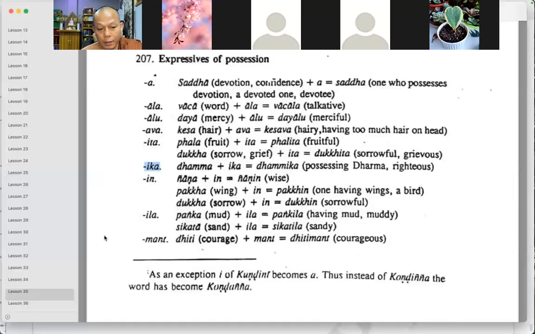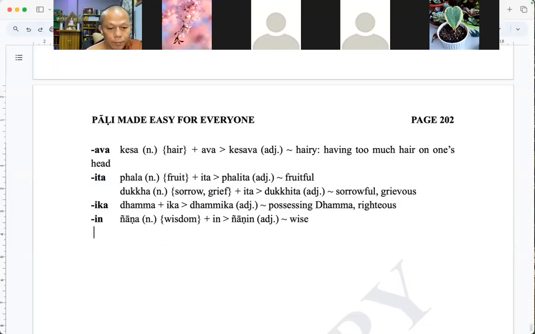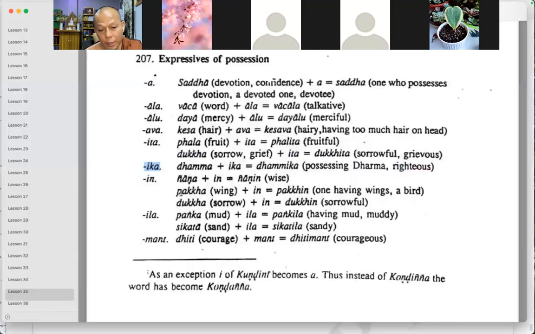And then another suffix a. So bekka means wing, and with the a we have bekke. Actually it means having wings, but later it is used for bird.